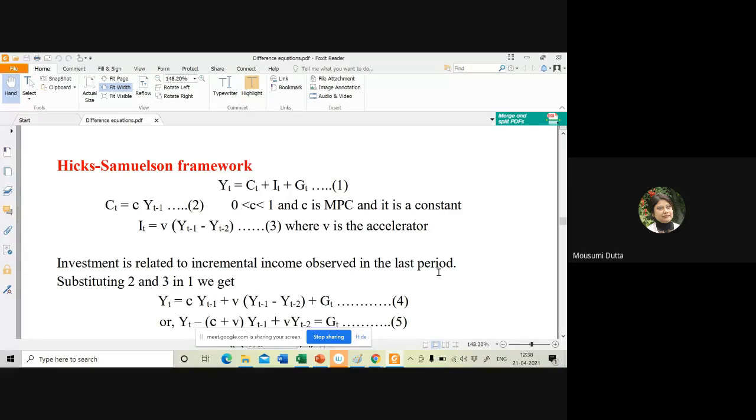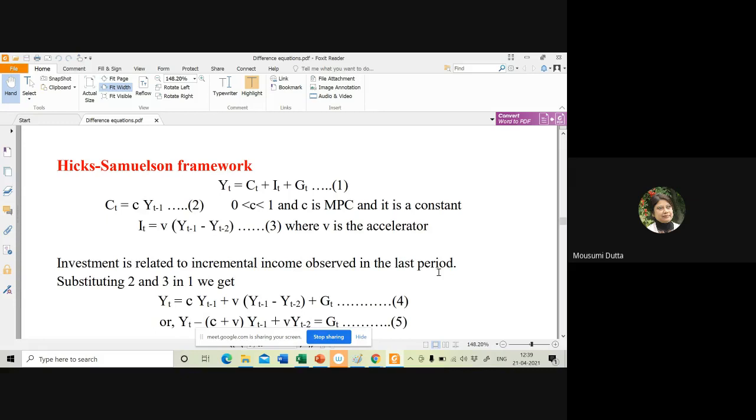So what is the idea? This is 2021. Investment in 2021 will be some function of the surplus income we have in 2020; it will be a proportion of the surplus income which we got in 2020.